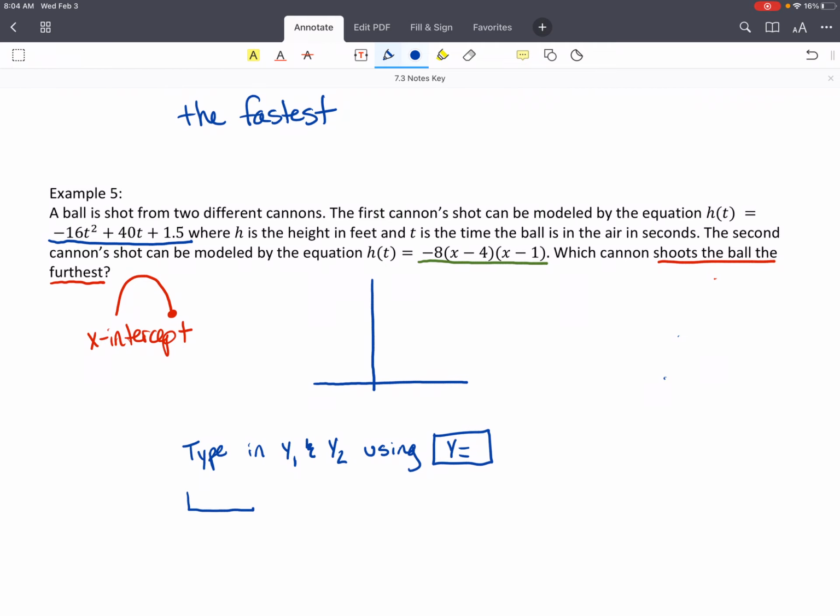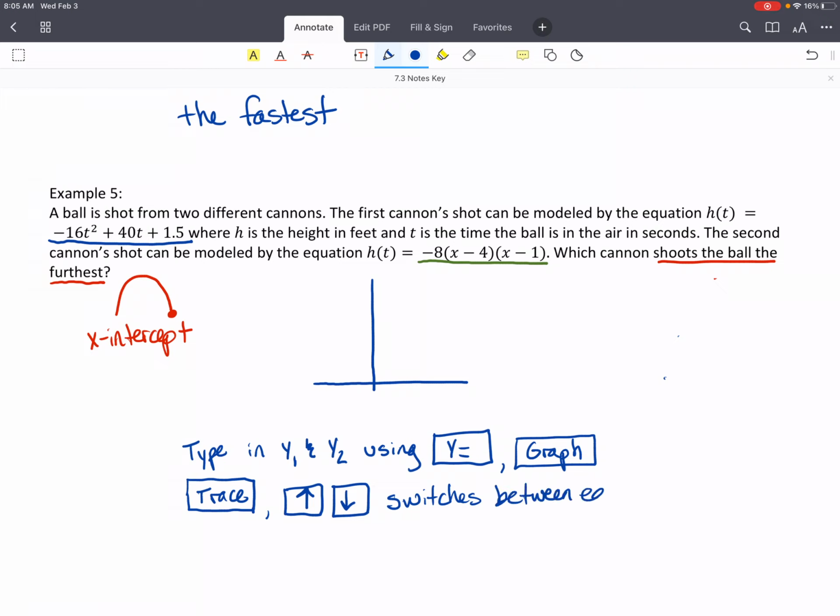So then when you go to graph, if you hit trace, the up arrow and the down arrow switch between equations. So then you could see which one is which.